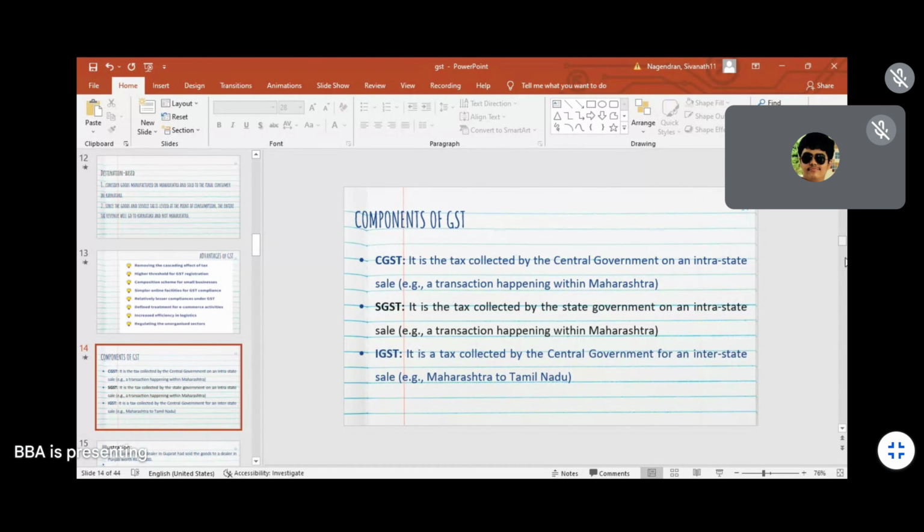When a transaction happens within a state, we call it an intra-state sale. That is collected as CGST, and the state government collects SGST on intra-state sale, charging some 6%, 12% GST, which we call SGST. That is also a transaction happening within a particular state, so that is also an intra-state sale. And for an inter-state sale, where a transaction happens from one state to another state, we are collecting IGST. Okay, integrated GST, we are saying this integrated GST.